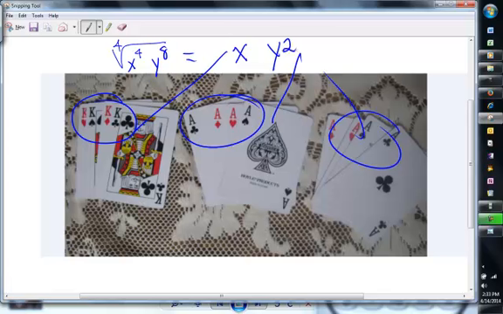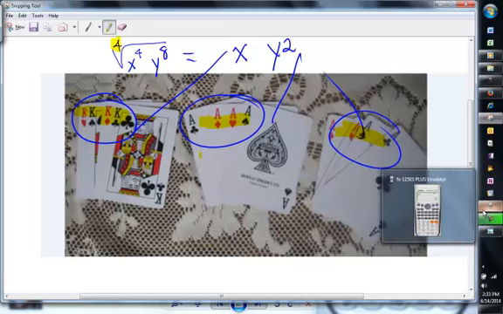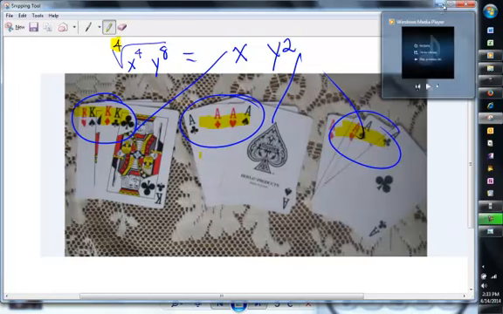The fourth root of x to the fourth y to the eighth. If you lay them down in groups of 4, notice in groups of 4, you end up with that as your answer.